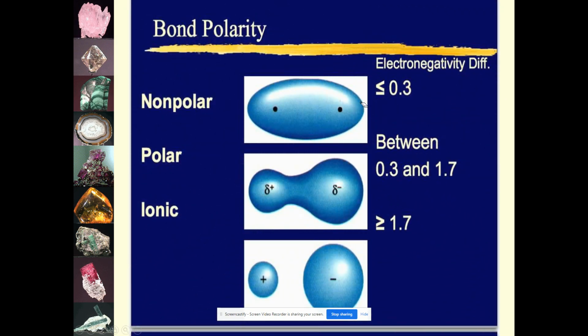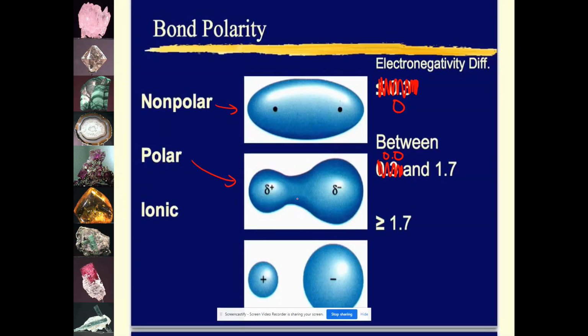So this here is another diagram. Now, some places say that if the electronegativity difference is less than 0.3, it's nonpolar. But for us, it's 0. Okay? If the electronegativity difference is 0, right, the electron cloud is distributed between the two evenly. If it's between 0 and 1.7, it's polar, and it's not an equal distribution.